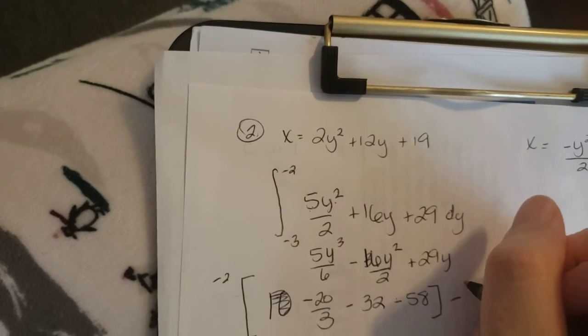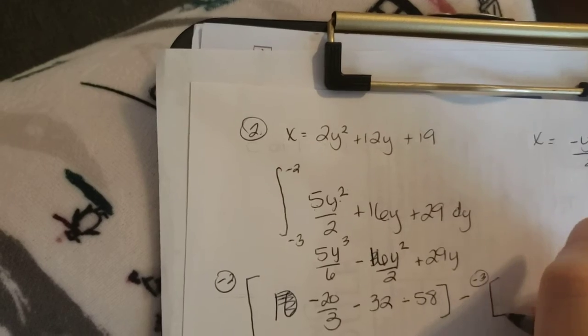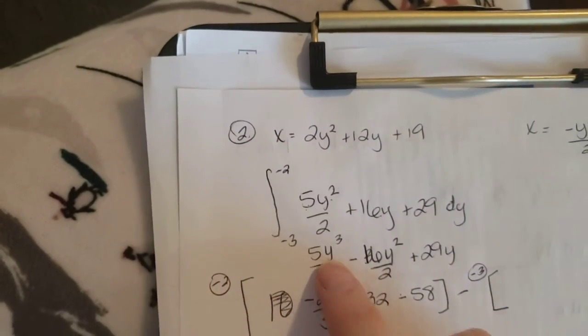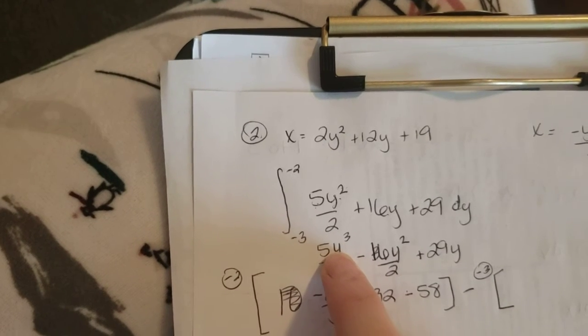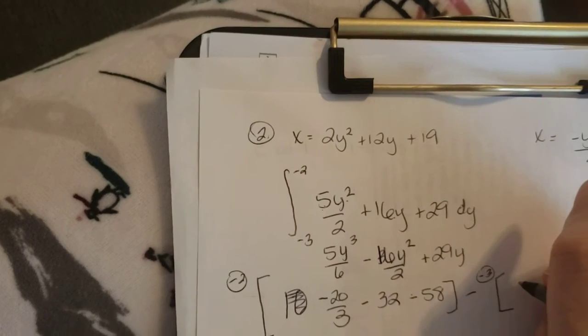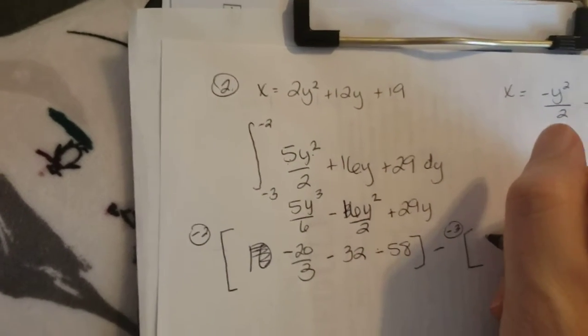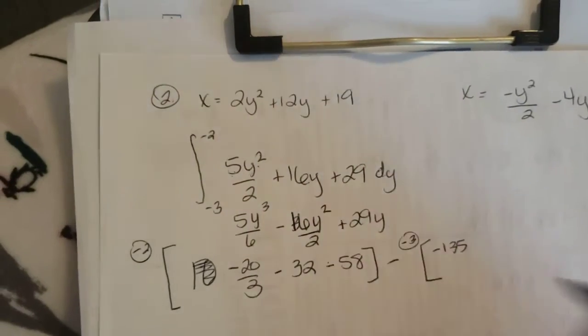And now I'm going to plug in my -3. So 5 times -27 over 2. So 5 times -27 would be -135.